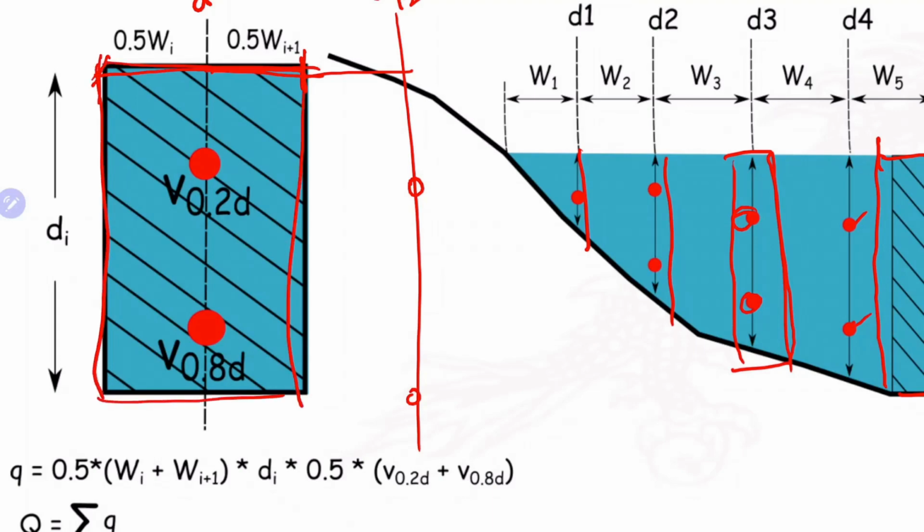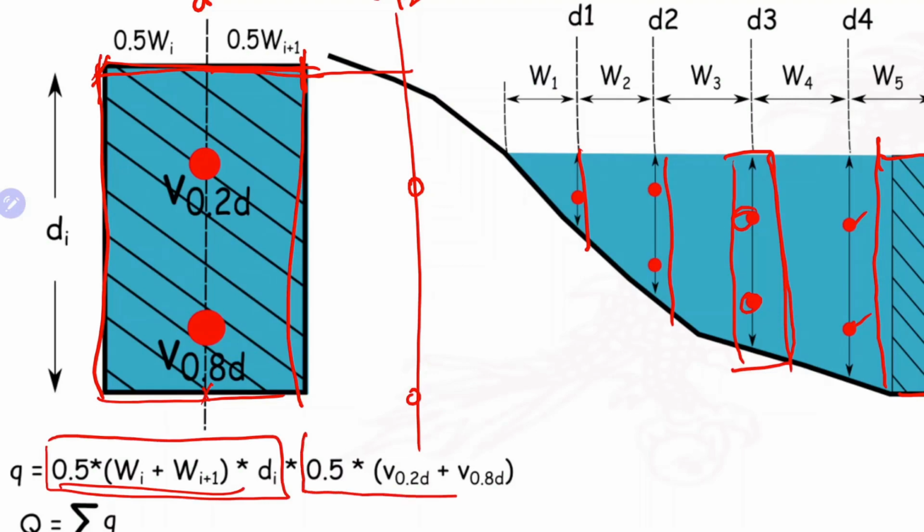The area of this strip is calculated normally as length by width. Our width is this much, and our depth is whatever D is recorded, so that becomes your area. Then you multiply it by velocity.